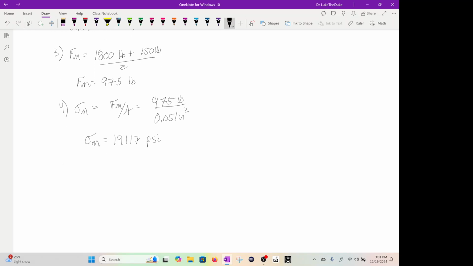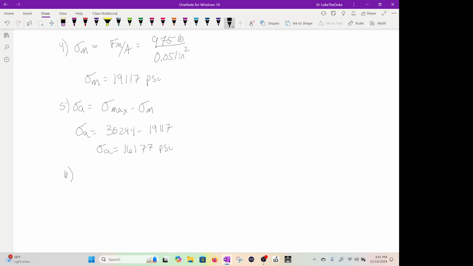And then we can find sigma a, which is just the stress amplitude. So sigma max minus sigma m. Sigma a equals 35294 minus 19117. Sigma a becomes 16177 psi.